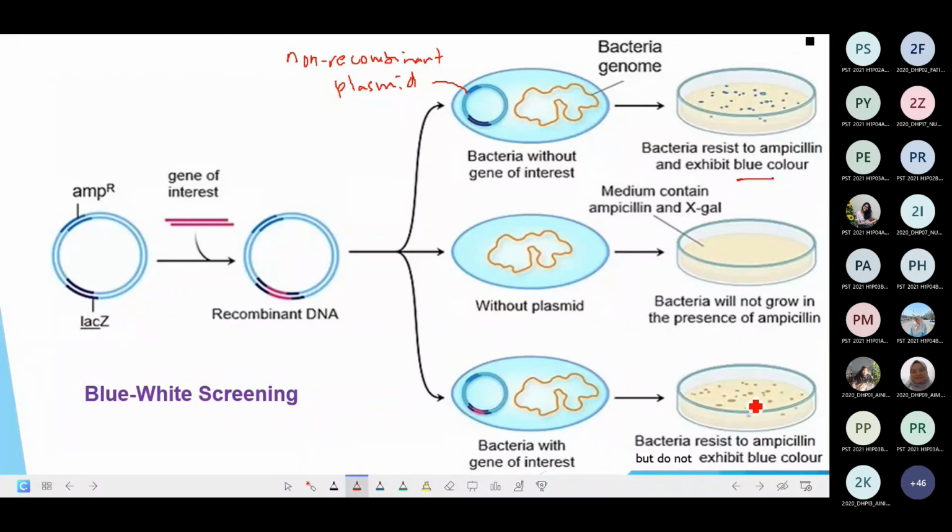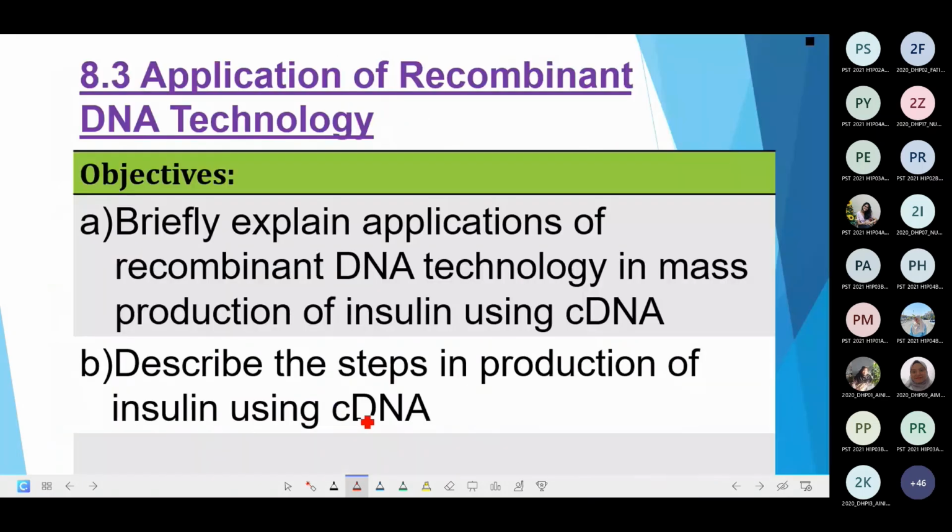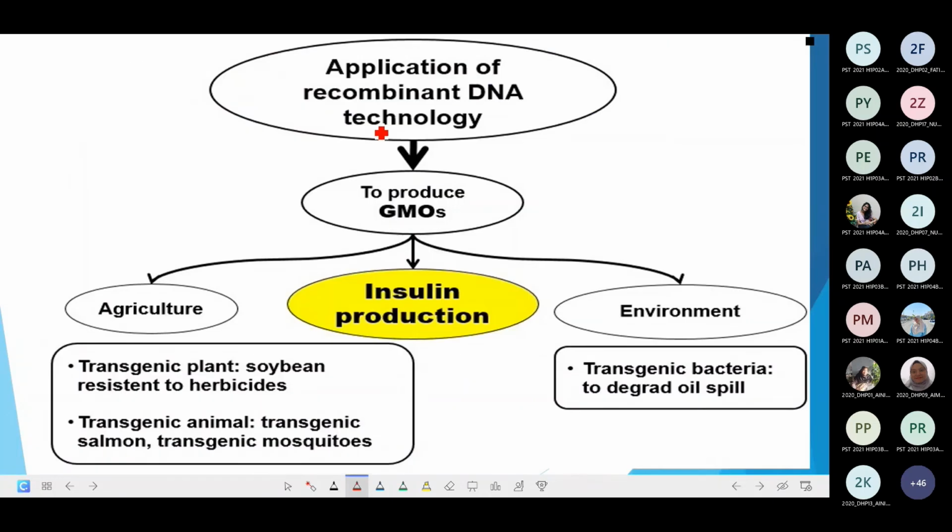Okay, you can read more about this blue-white screening from the internet. And so that is all about the gene cloning procedure. After this, you just need to know about the application of the recombinant DNA technology, in which there are many things that can be done actually using this recombinant DNA technology.